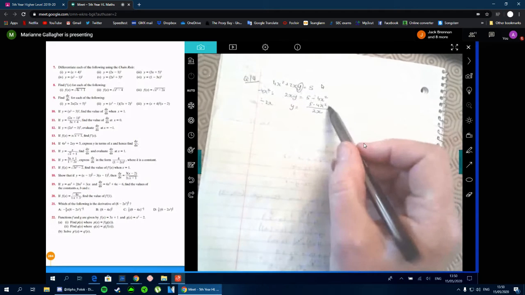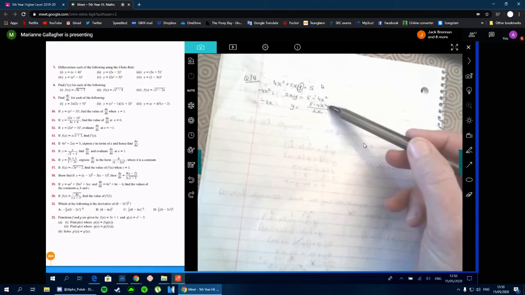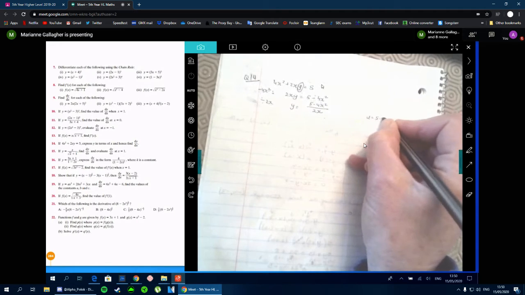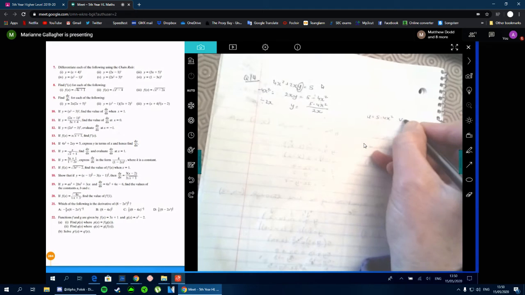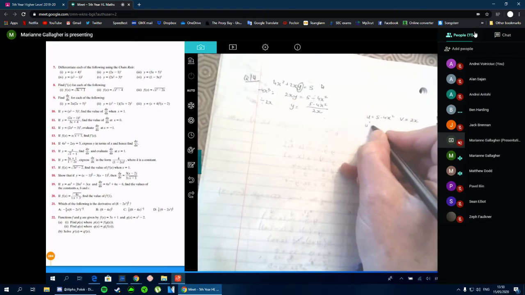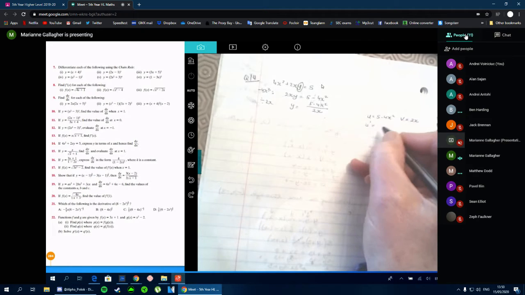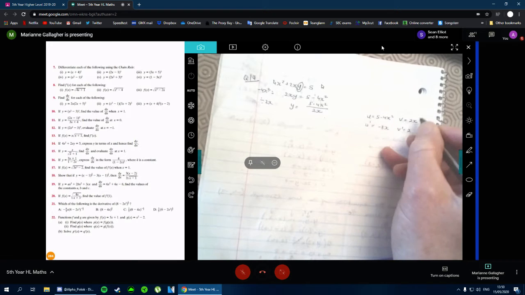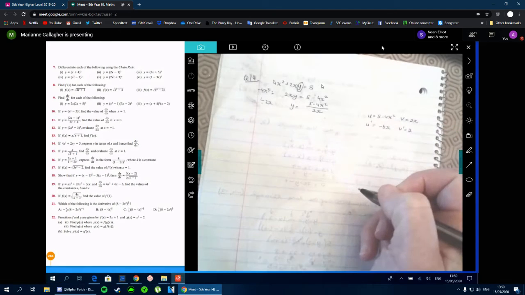So when it's a fraction, otherwise known as a quotient, we apply the quotient rule, which means we have a u on the top and a v on the bottom. So the u is 5 minus 4x squared. v is the bottom, which is 2x. Differentiate u with respect to x, you bring down the 2, you've got minus 8x, and then v prime is just 2, bring down the 1, and then that becomes 0.